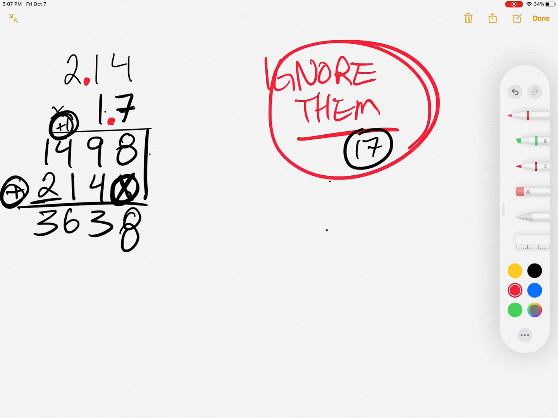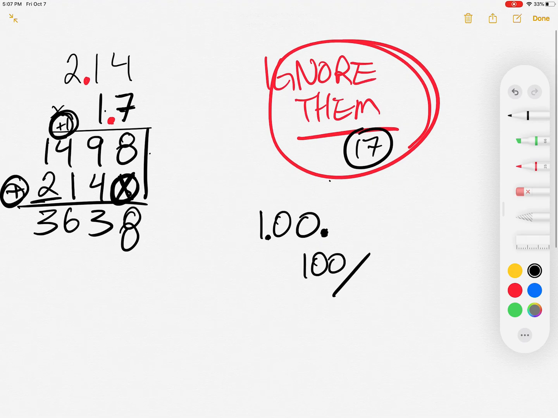We've ignored them up to now. If I have the number 100 and I put my decimal after the 1, well, what this means is that I have to divide that 100 by how many place values? Well, my original decimal would be right here. So there's one decimal place, there's two decimal places.